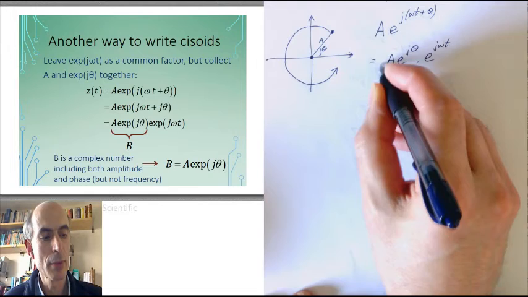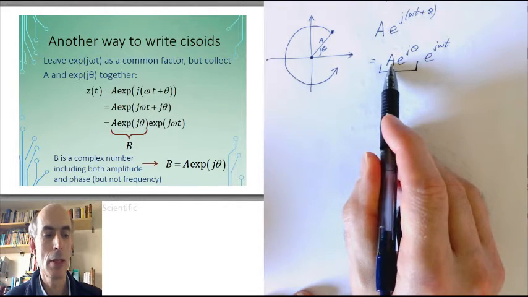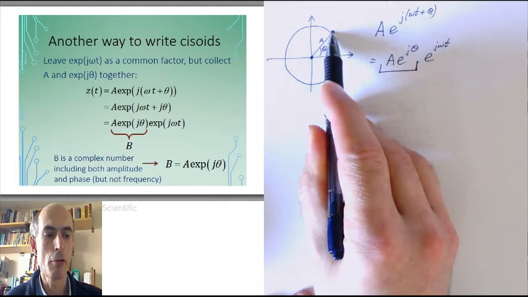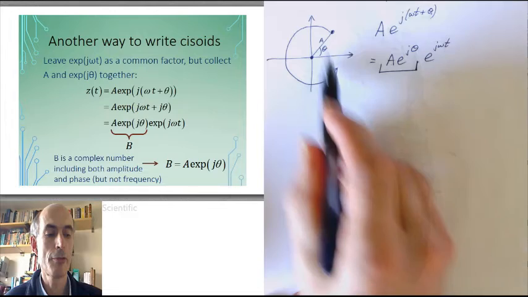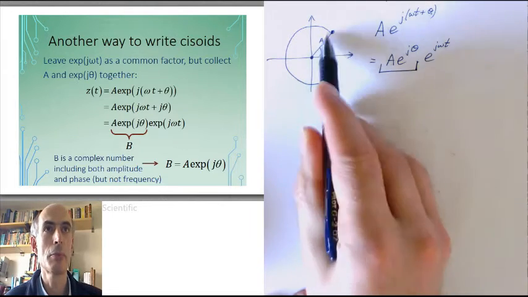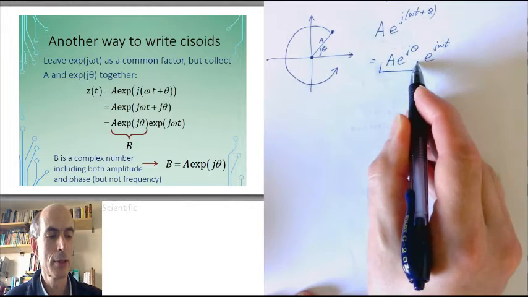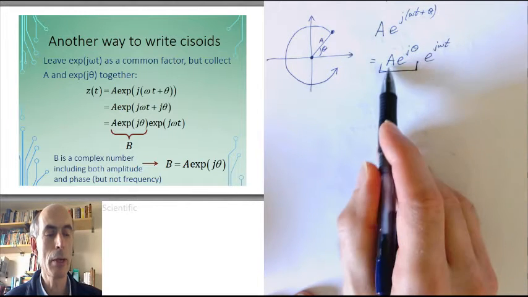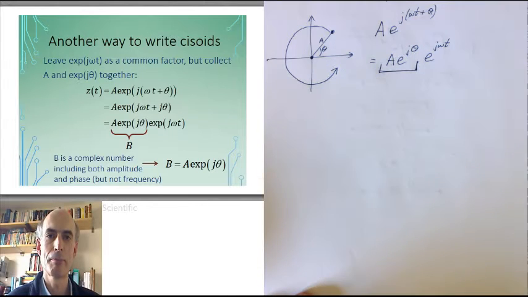And this is a complex number with an amplitude equal to the amplitude of an oscillation, and a phase equal to the phase of the oscillation at time t equals 0. So this complex number contains information about the amplitude and the phase of the oscillation, but not its frequency.